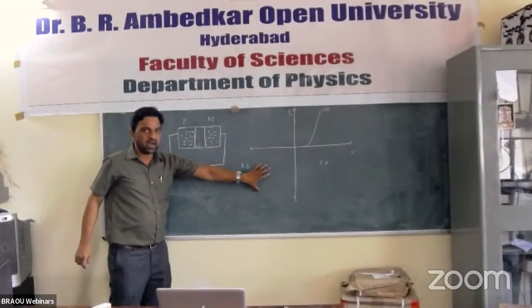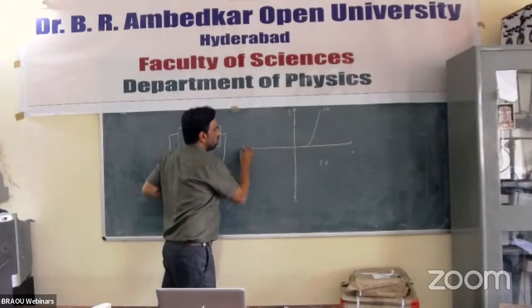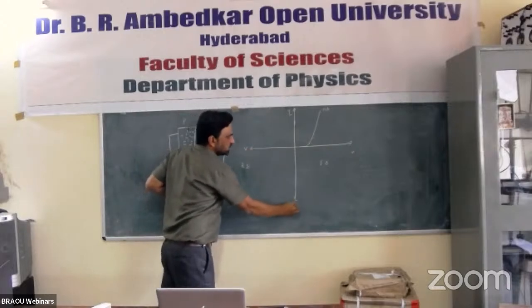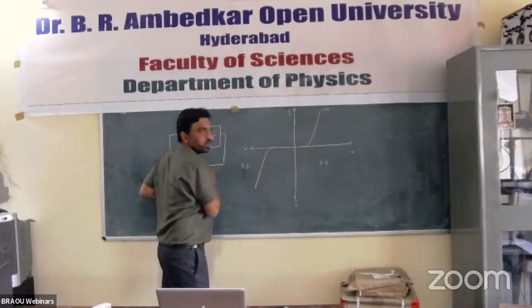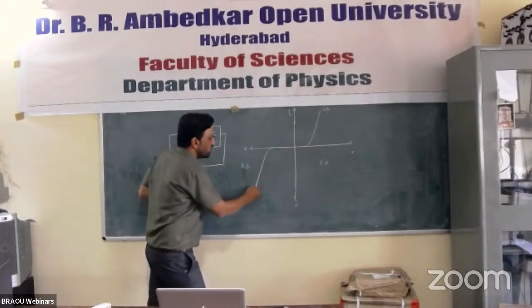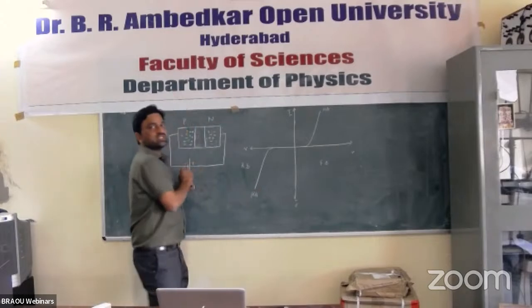In this reverse bias characteristics also, if you draw the VI characteristics, you have a certain current, which is in the order of microamperes.